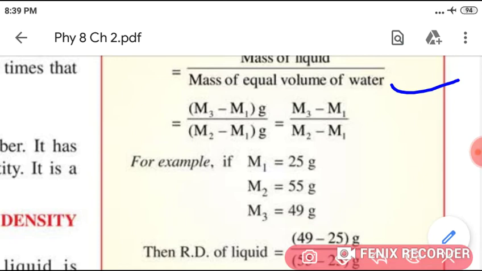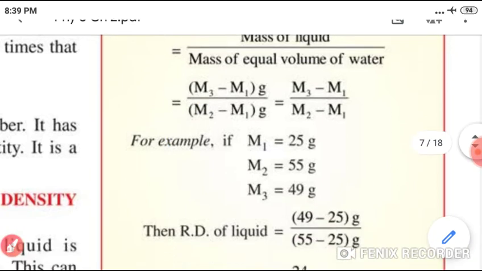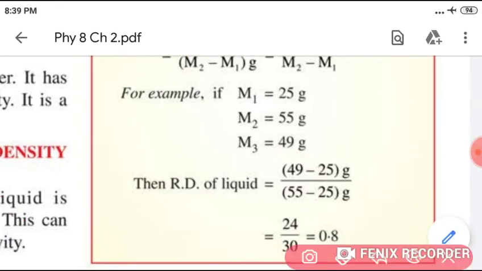Clear? That means M3 minus M1 gram divided by M2 minus M1 gram. Clear? Now, if we take some values here, if M1 is 25 gram, M2 is 55 gram and M3 is 49 gram, then what will be the relative density RD?